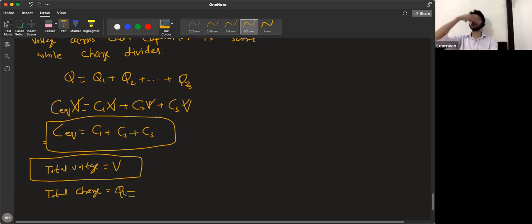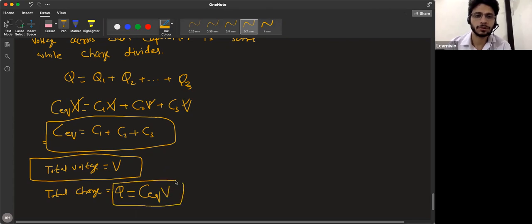How to calculate total charge? C equivalent into V. Total capacitance into total voltage. That's Q.